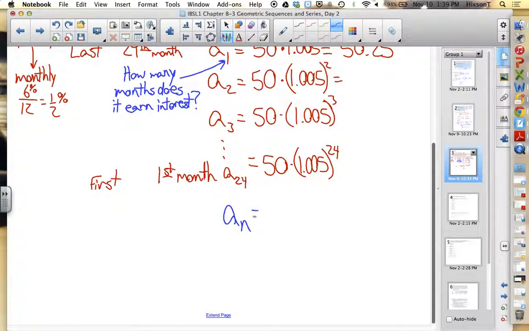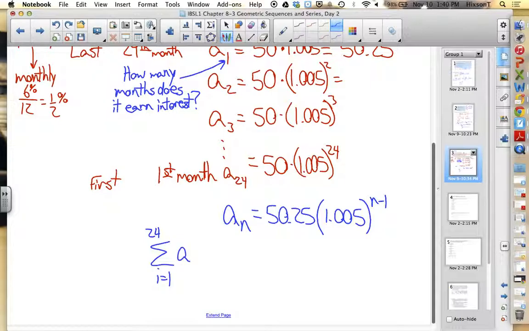A sub n is a sub 1, the 50, times 1.005 to the n minus 1, because the first time it's not getting any power. So what we're going to do is find the sum from i equals 1 to 24 of that, a sub n.